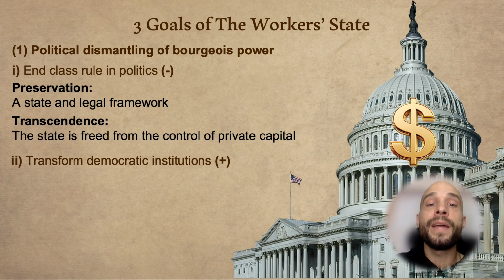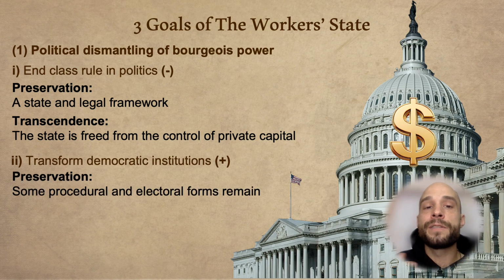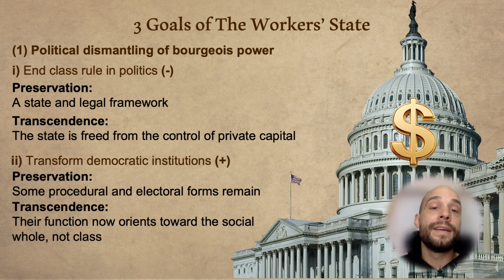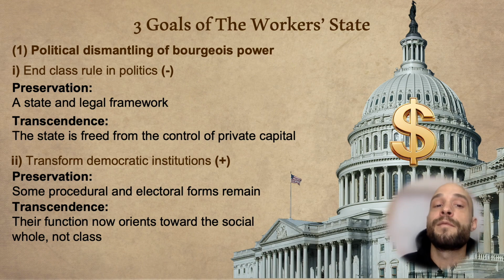Workers participate directly through unions, cooperatives, and councils, embedding decision-making power into the institutions themselves. So the moment of preservation here is that the procedural forms and electoral mechanisms remain, or they might remain, and the moment of transcendence is that their function shifts from elite dominance to collective governance.